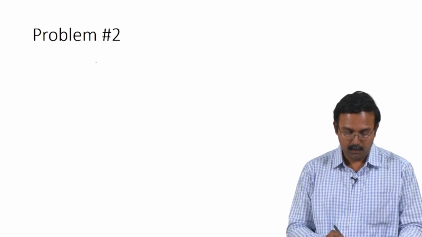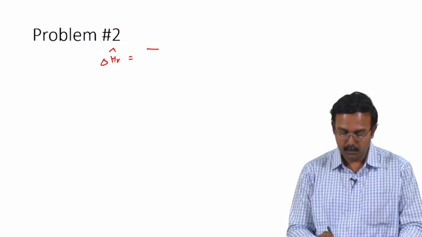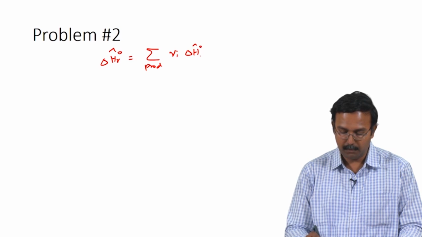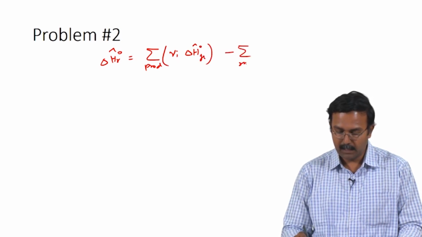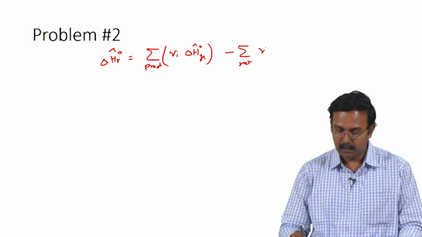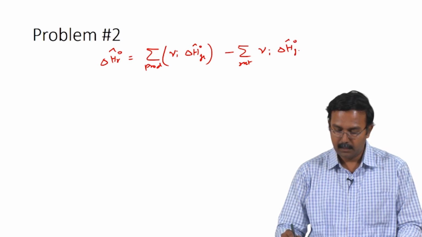So, the standard heat of reaction would be equal to sigma of products, stoichiometric coefficient times standard heat of formation for a compound, minus sigma of reactants, stoichiometric coefficient times the standard heat of formation.